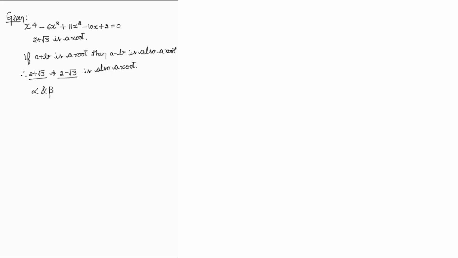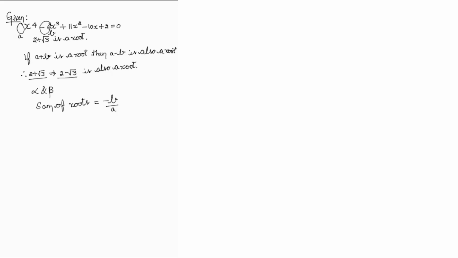So we know that sum of all the roots is equal to minus b by a, where this is a, this is b.